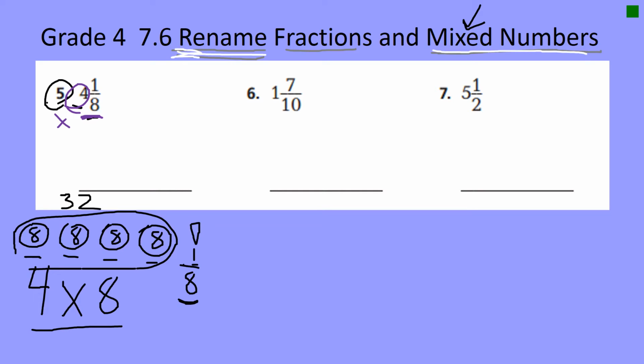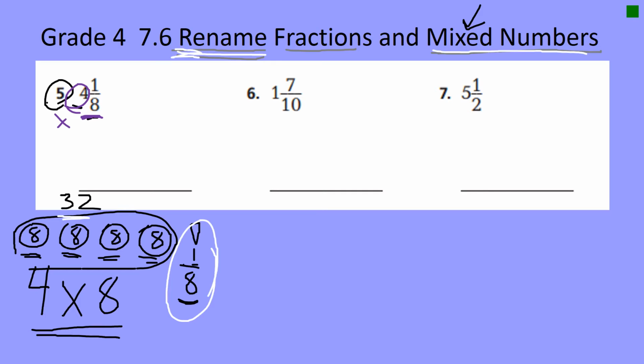So the 4 whole cookies, that's 32 eighths, right? That's 8 parts, 8 parts, 8 parts, 8 parts. So 4 sets of 8, that's 32 eighths. But then, don't forget our little piece of a cookie over there. There was another eighth. So we don't just have 32 eighths.